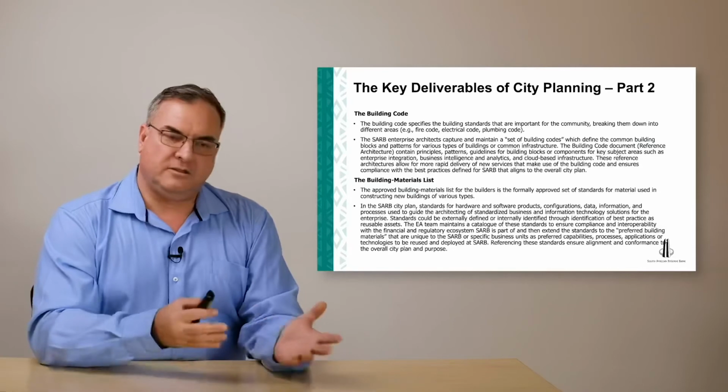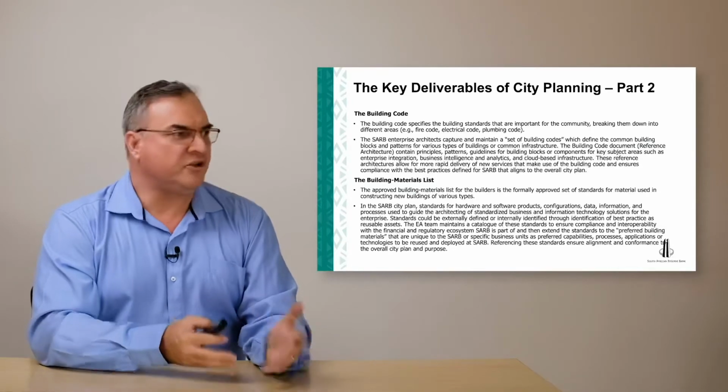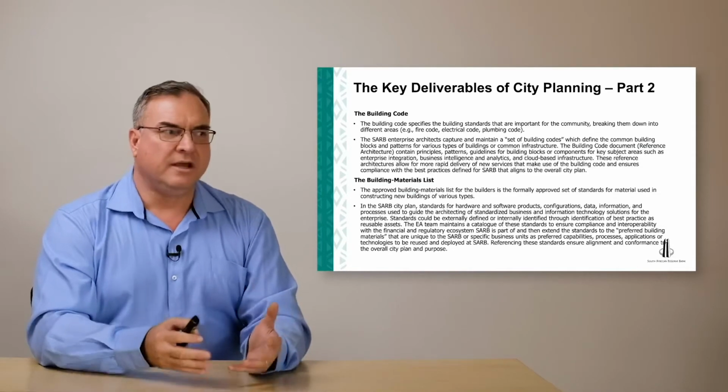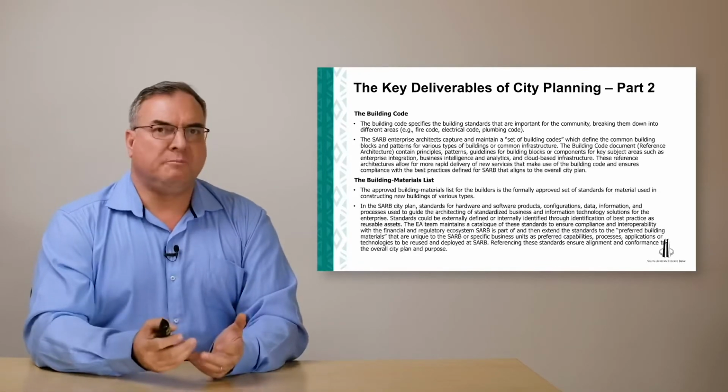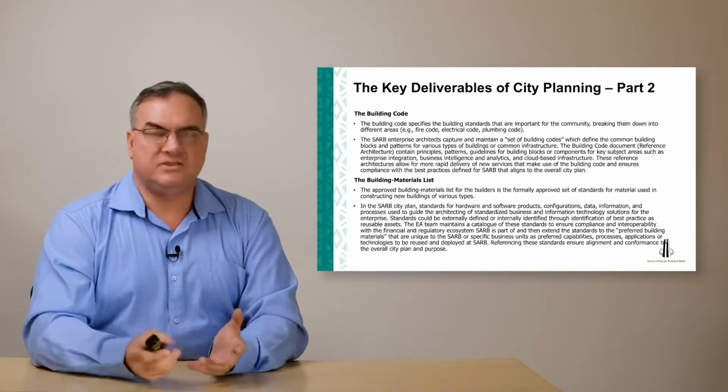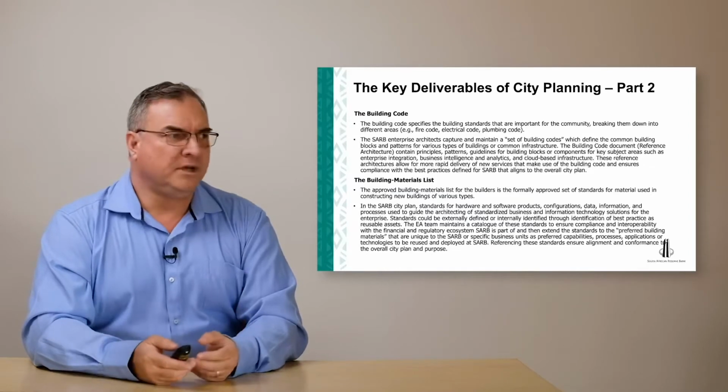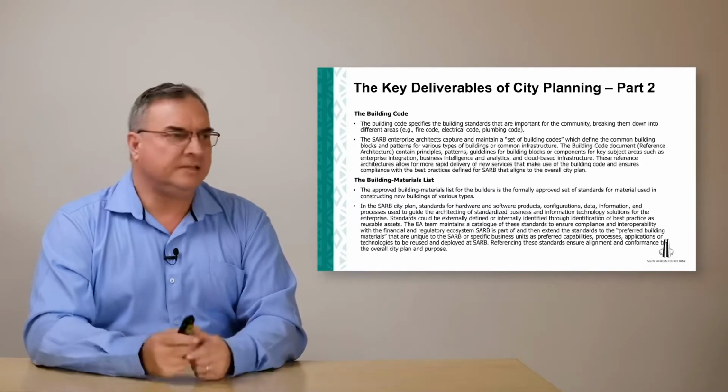So at the South African Reserve Bank, our enterprise architects capture and maintain a set of building codes which define the common building blocks and patterns for the various types of buildings or common infrastructure.